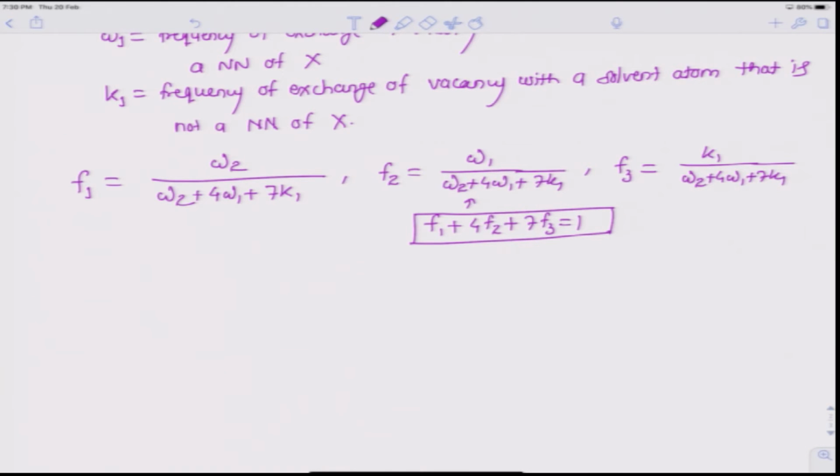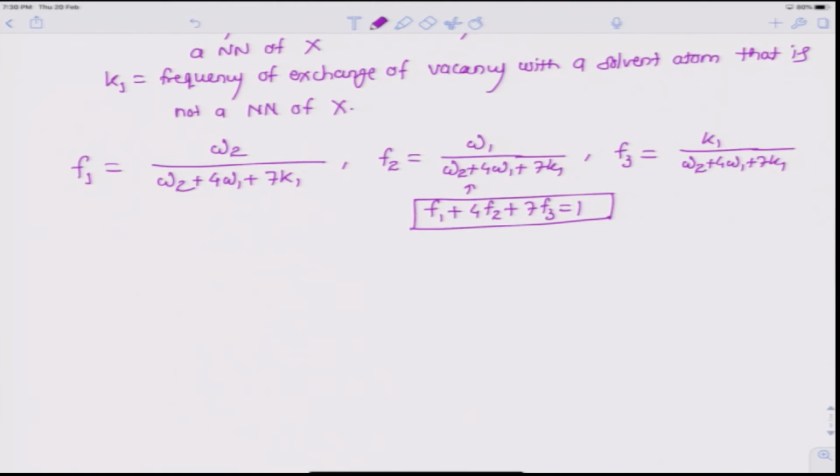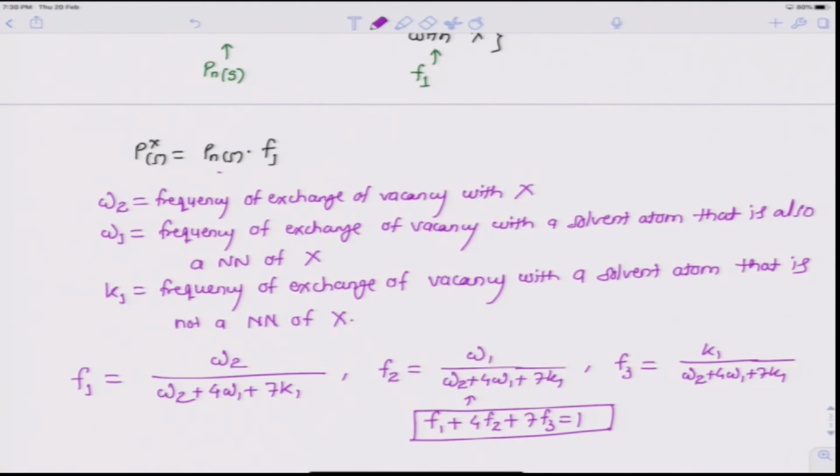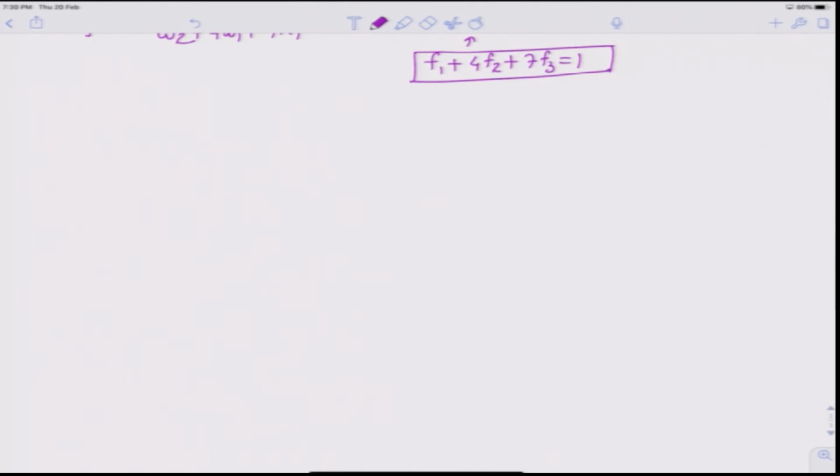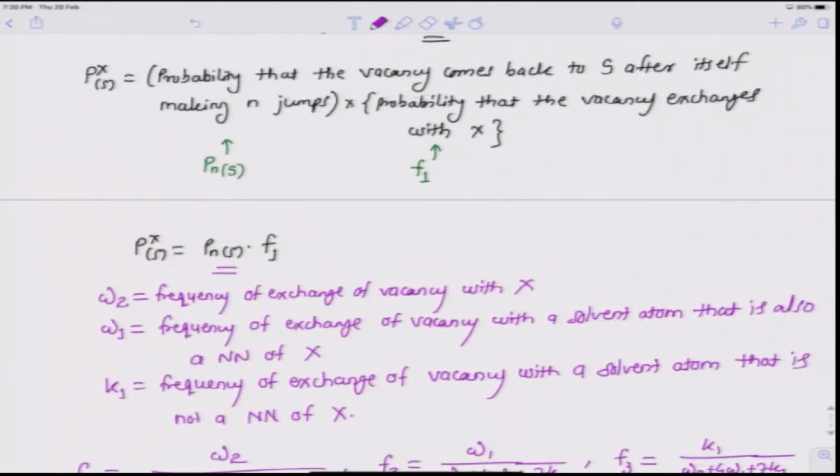Now, once we define this, let us come back to evaluation of the second factor here, that is P(n) of S. P(n) of S is again the probability that the vacancy comes back to S after itself making n jumps.